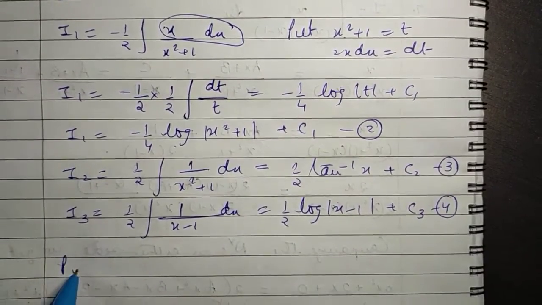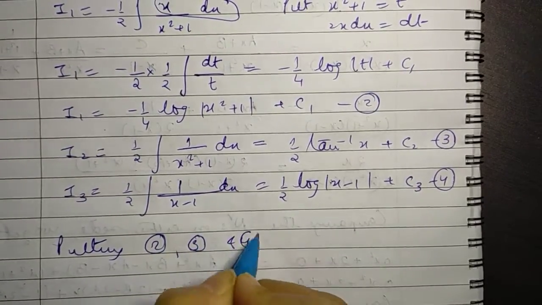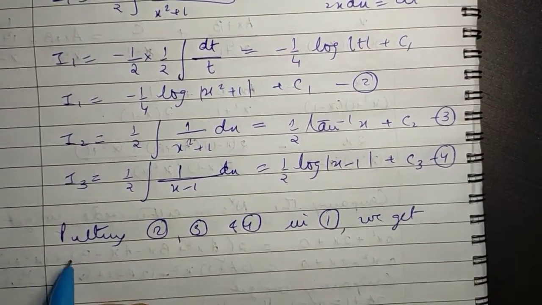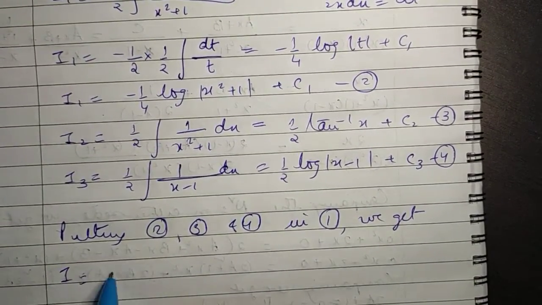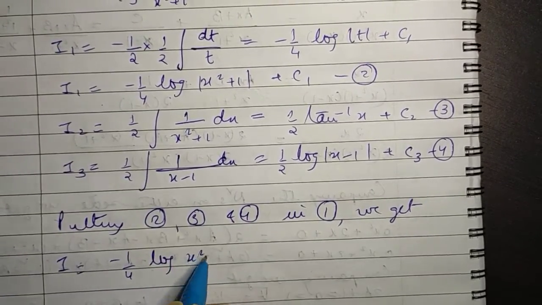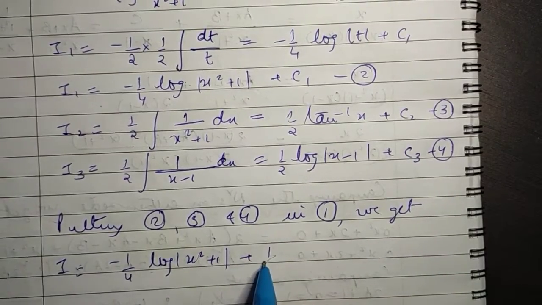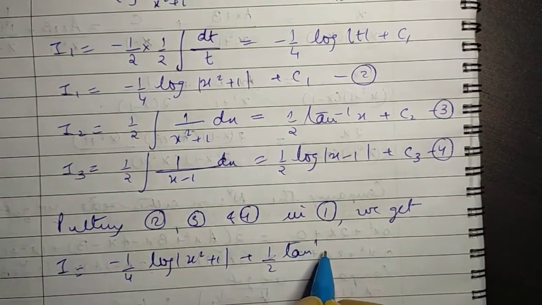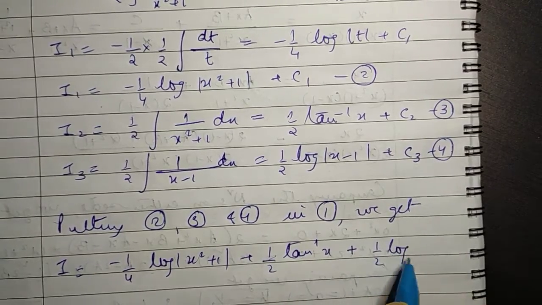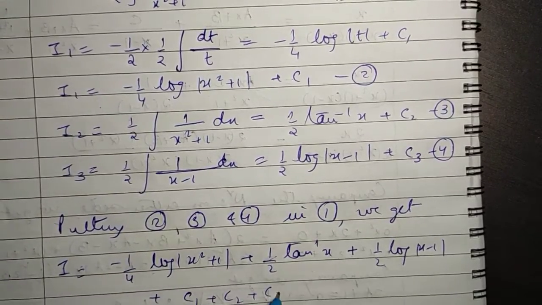So putting 2, 3 and 4 in 1, we get I is equal to minus 1 upon 4 log of x squared plus 1, then plus half tan inverse x plus half log of x minus 1, plus c1 plus c2 plus c3.